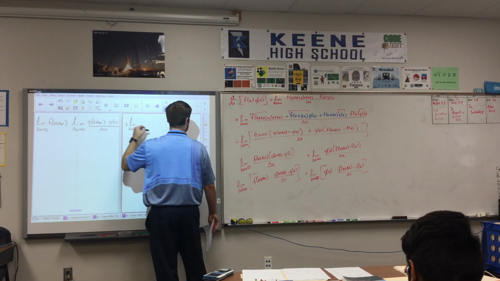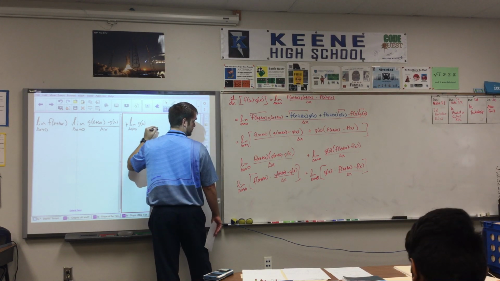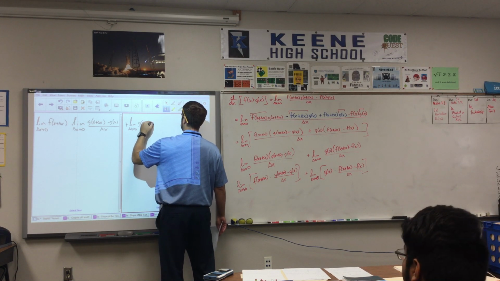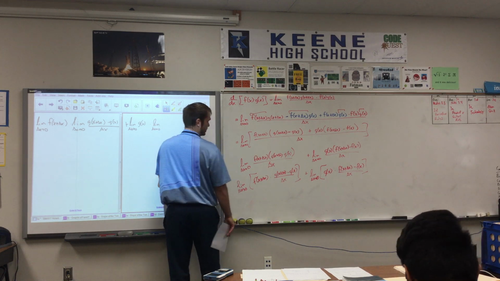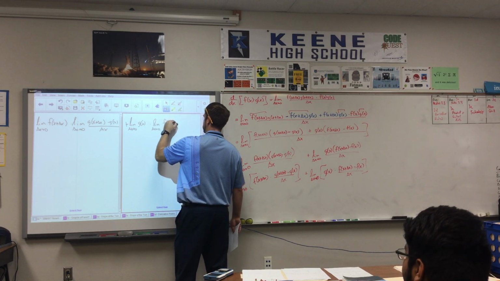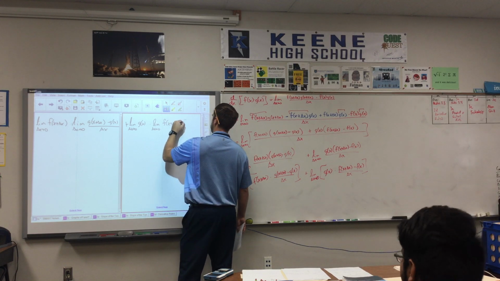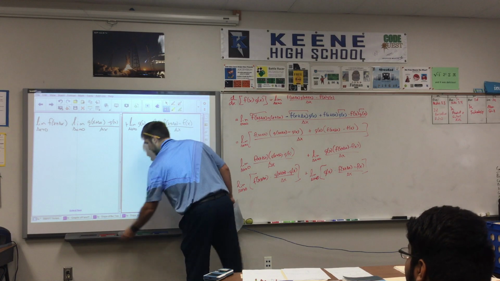Limit as delta x approaches 0 of g of x times the limit as delta x approaches 0 of f of x plus delta x minus f of x all over delta x.